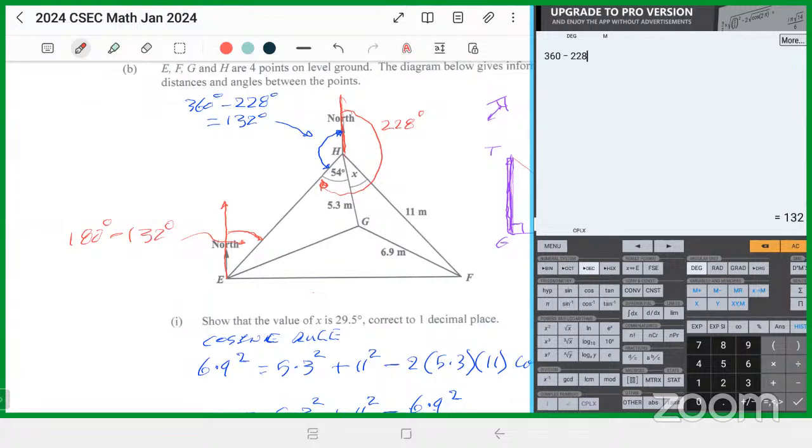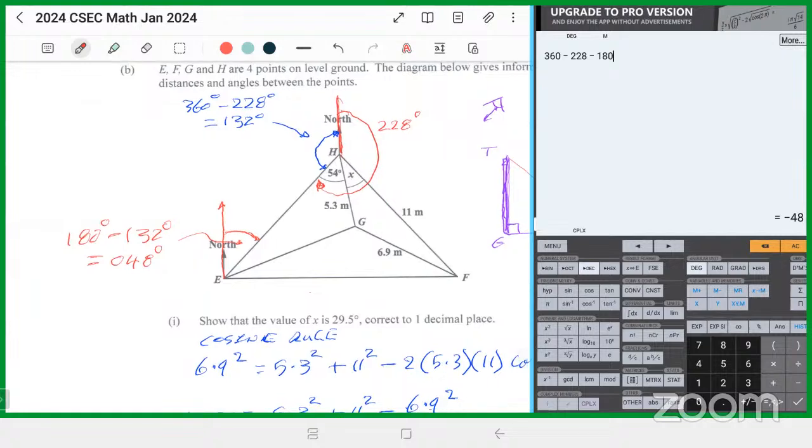Subtracting, it's 48 degrees. But because this is a bearing, you have to put a 0 on it: 048 degrees. All right, that's one way we could have found it.